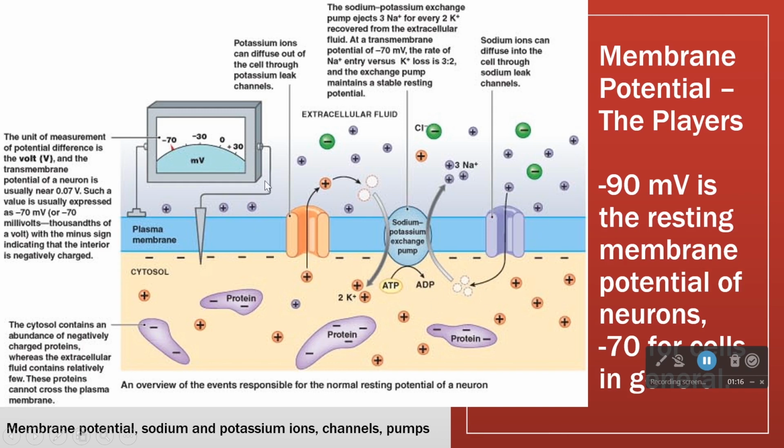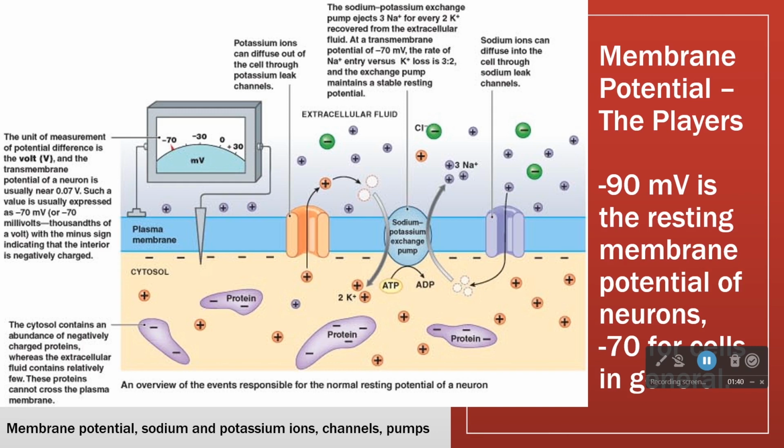So when we have all of these different forces at work at the same time, we end up with our measured membrane potential. Now, the measured membrane potential in this case is minus 70 millivolts. That number varies according to which cell you're looking at in the body.